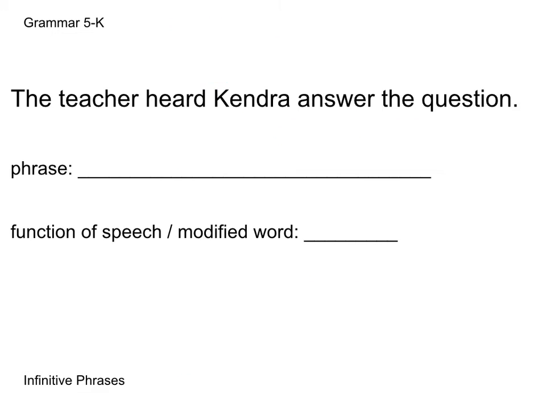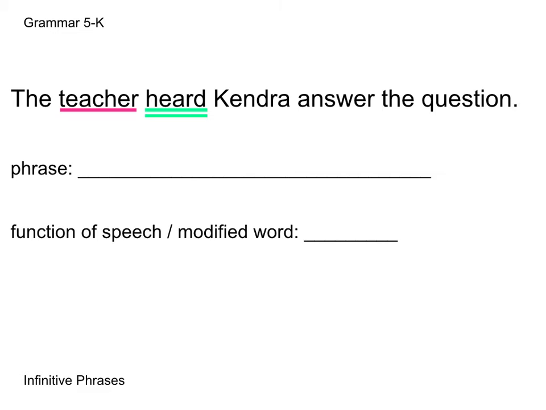So let's jump into an example. The teacher heard Kendra answer the question. My number one recommendation is to always find the subject and verb first, and then all the phrases and all the modifiers are going to be a lot more straightforward to find. So teacher is our subject for the sentence, and what is the teacher doing? She's hearing.